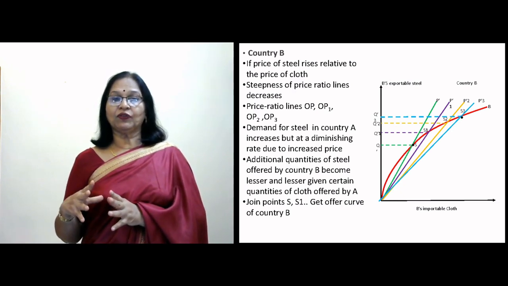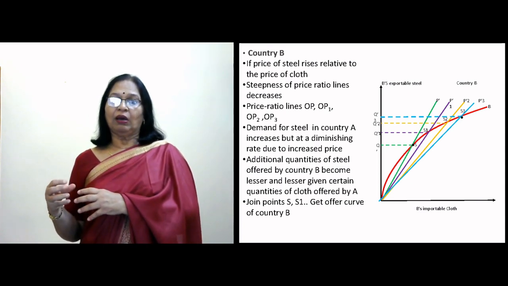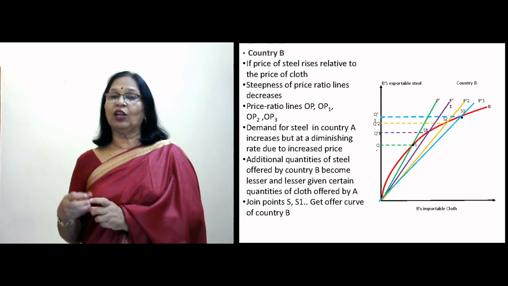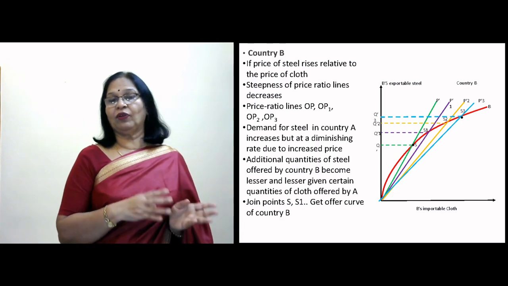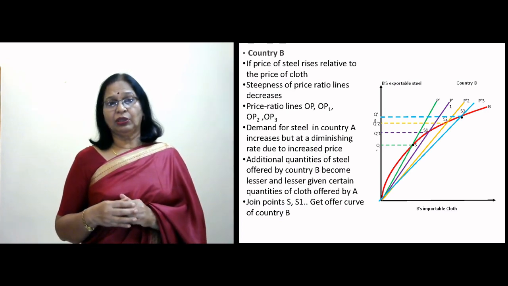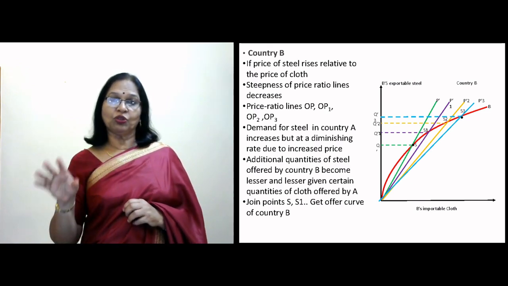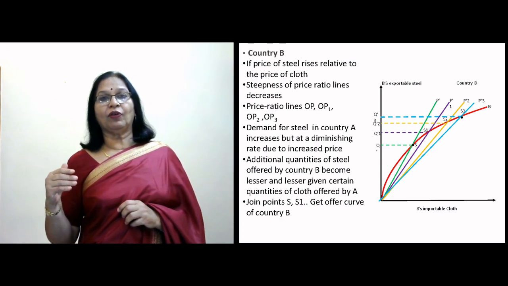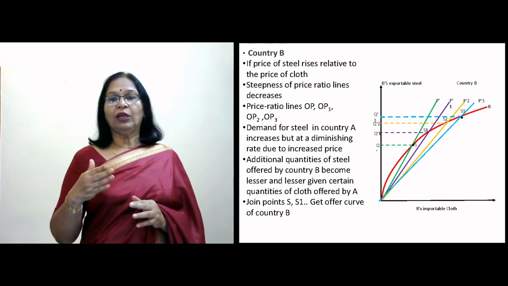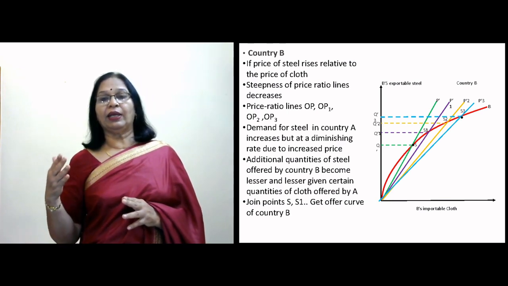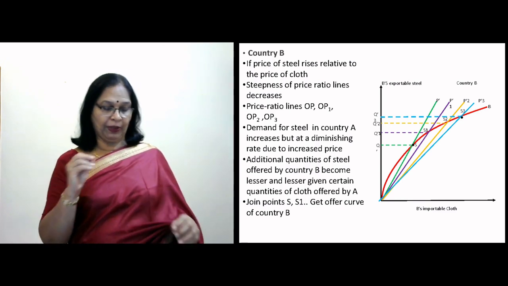So the additional quantity of steel offered by country B becomes less and less, because after a certain quantity, the quantity of cloth that country A offers cannot be as much as the offer of steel by country B. Thus, at every rising price, the quantity of steel that it wants to offer can be high, but the quantity of cloth that this country will offer will become less and less. So if we join these points, we get S, S1, S2, and S3. These points together indicate the offer curve for country B.